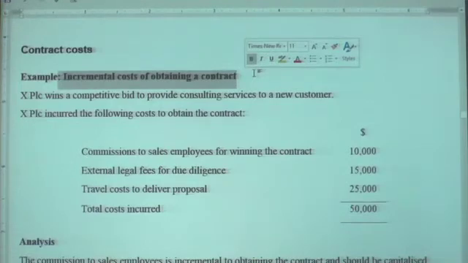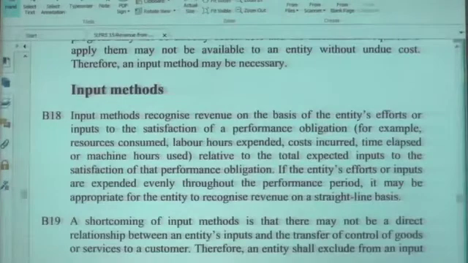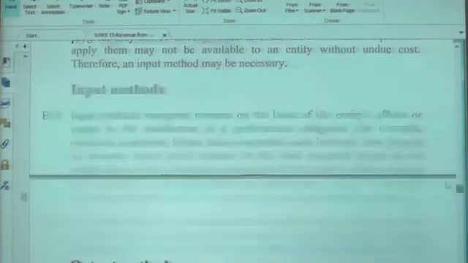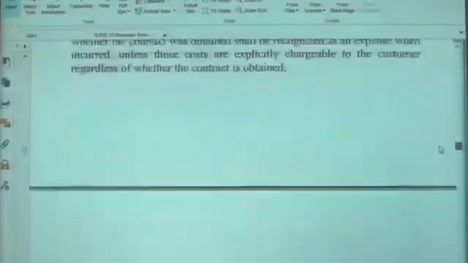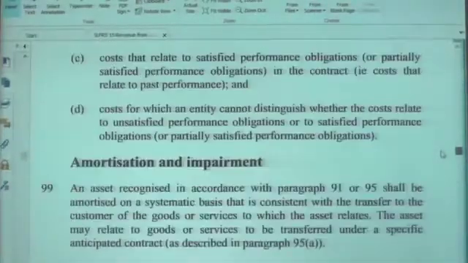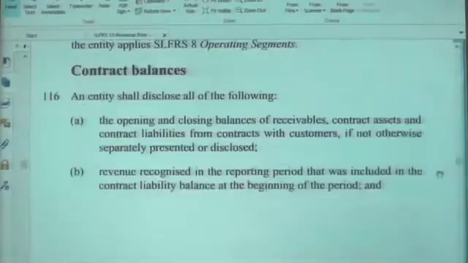Before answering this question, I will move into the standard again. Let us move into the contract cost topic. Accounting for contract cost is a separate topic in your standard. Take paragraph 160.